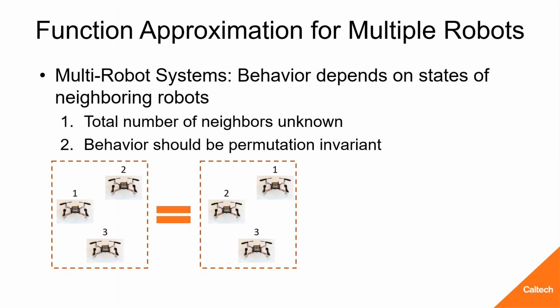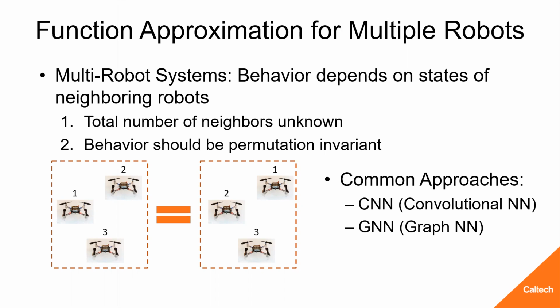In learning, there are common approaches to address this permutation invariance. Maybe the most famous one is regular CNNs, convolutional neural networks. But they require you to discretize the space, and then it always becomes a difficult problem how to choose a reasonable discretization.